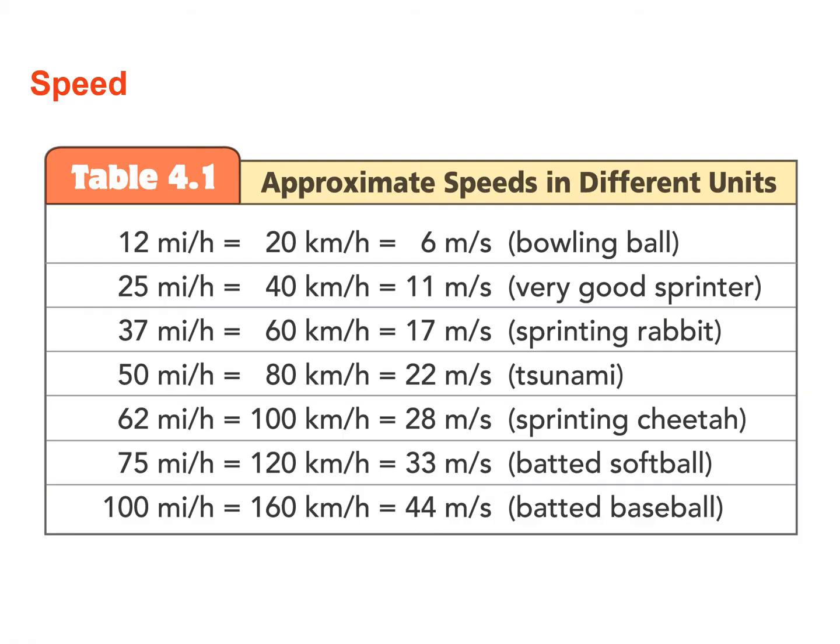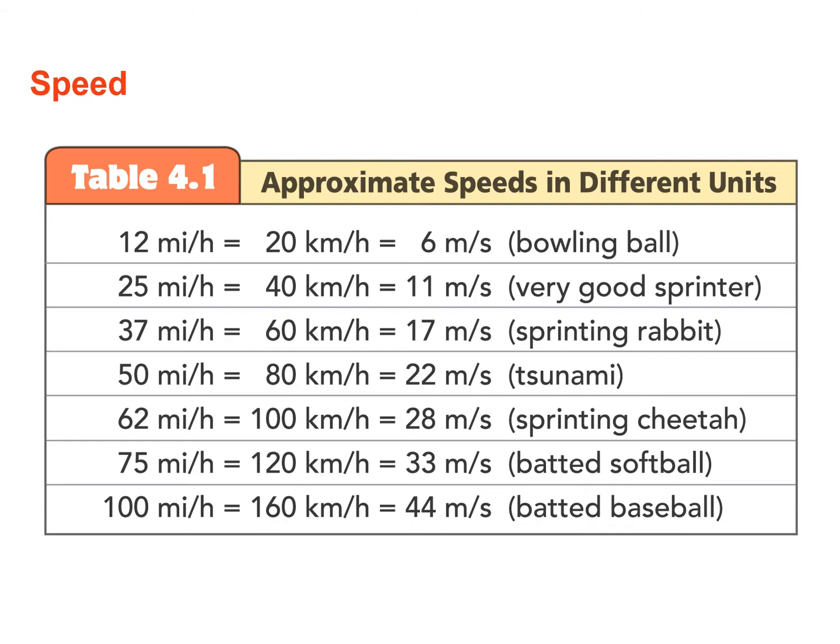Because we live in the United States and use the imperial system of measurement, the metric system is not very familiar to many of us. So 25 meters per second may not mean a lot to you. If you look at this chart, you can see on the very left-hand side some miles per hour, and then on the right some equivalent meters per second.